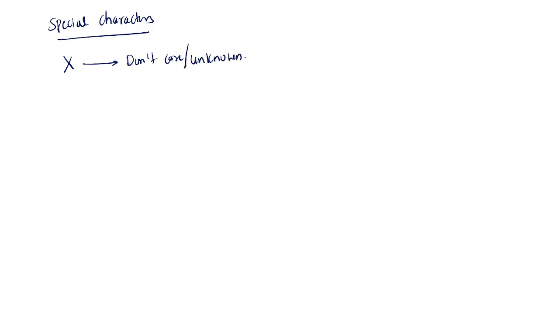Next, special characters. You have special characters like X. X is nothing but don't care, or unknown. In digital we have already seen what is the value of don't care, 0 or 1.